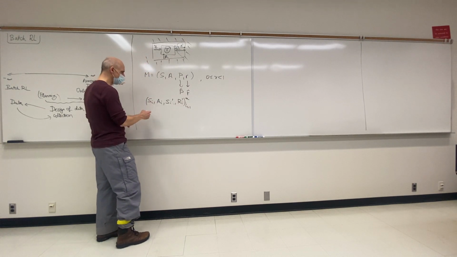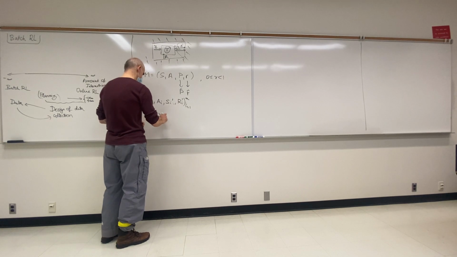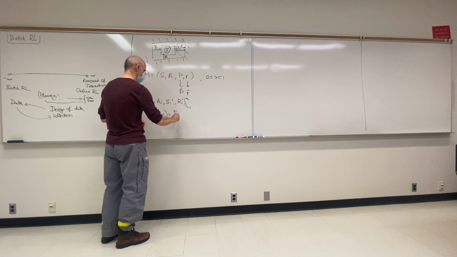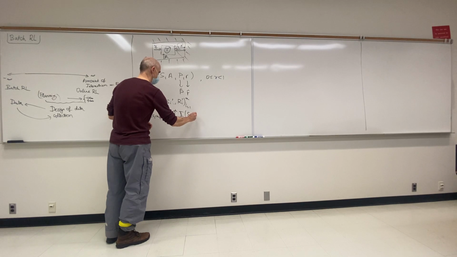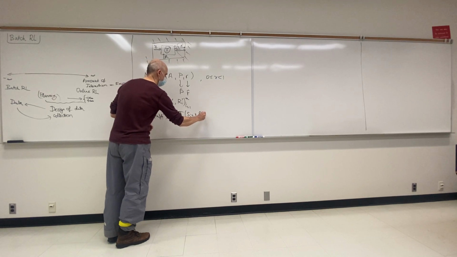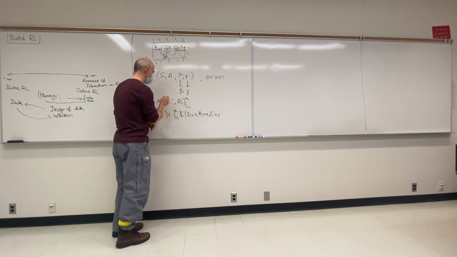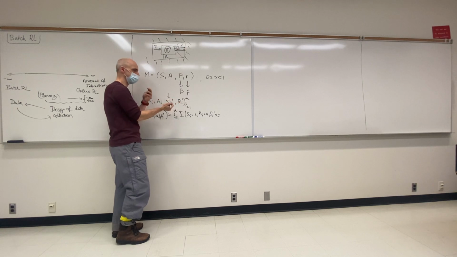Then you could count how many times in the data we have seen a given triplet. The meaning of this prime is that this is the next state that you have seen, and this is the associated reward.